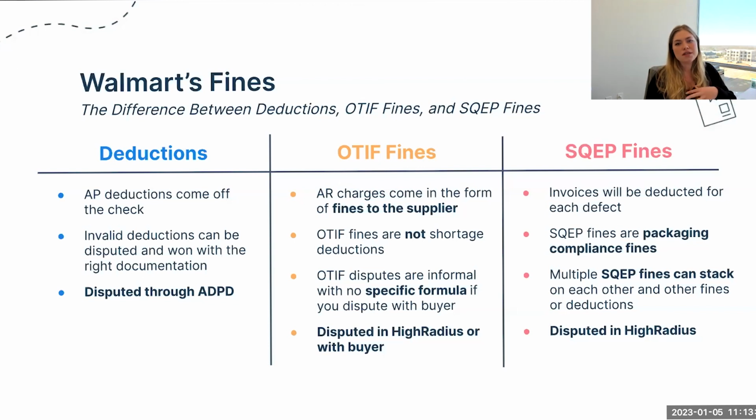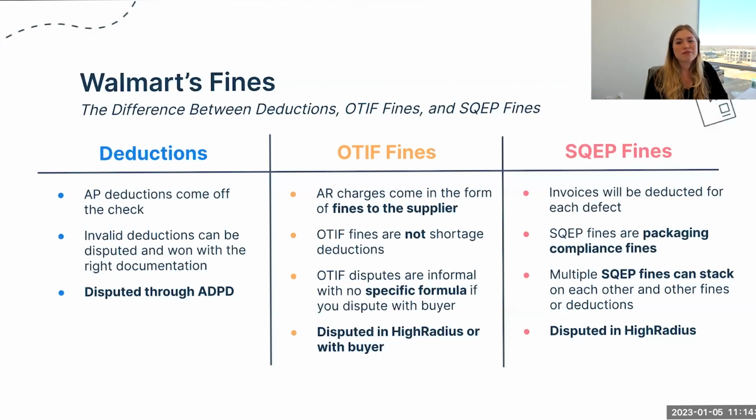What this is there to monitor is how your packaging is, if it's up to compliance standards, as well as ASN and a lot of information around that. What isn't being covered in deductions, with the different codes, or in OTIF, on time in full, they are trying to cover with the SQUET program. One interesting thing about SQUET fines is that they can actually stack on top of each other.